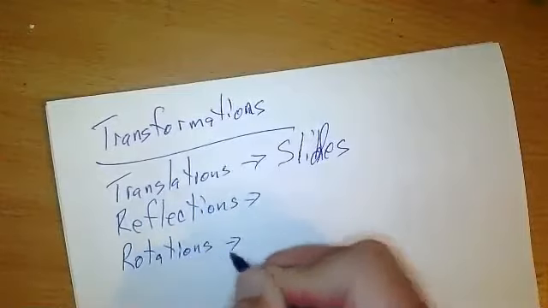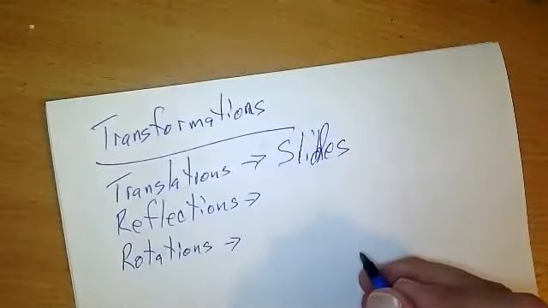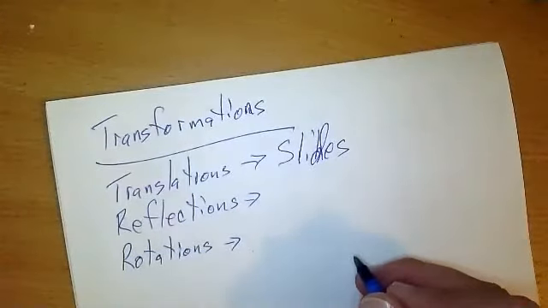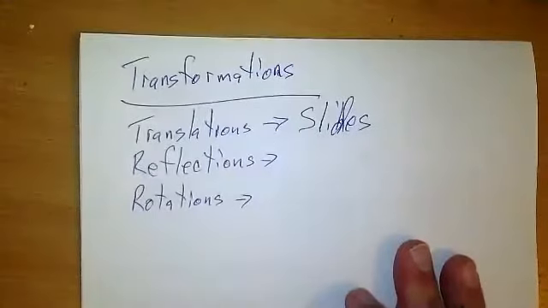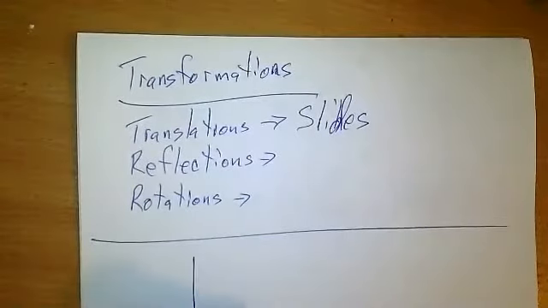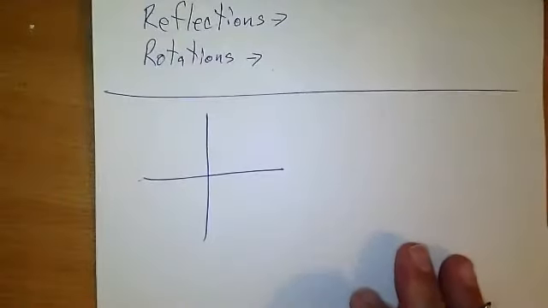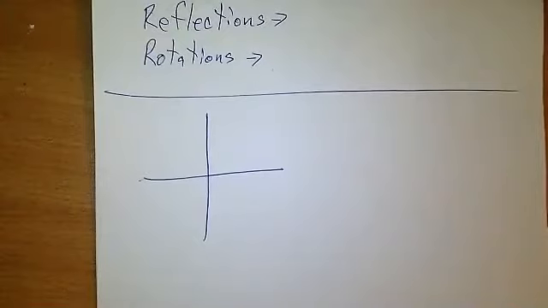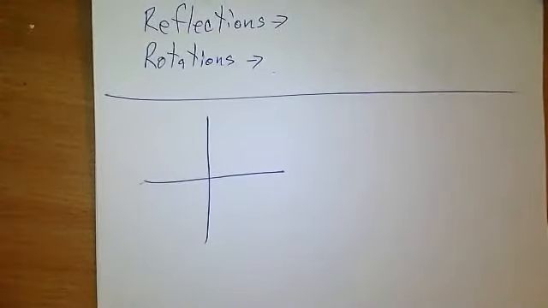I don't think I should have to define what a rotation means, but we will talk about what it means in terms of geometry. So let's take a look at what that would look like. So I'm going to do some little tiny things, and then I'm going to flip back to my example, and then we'll get to work on that.